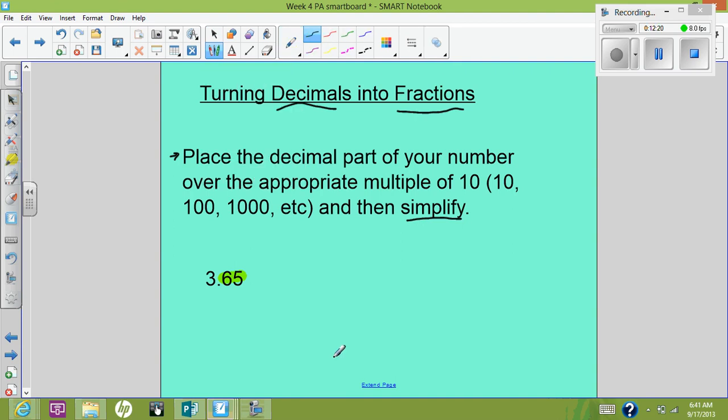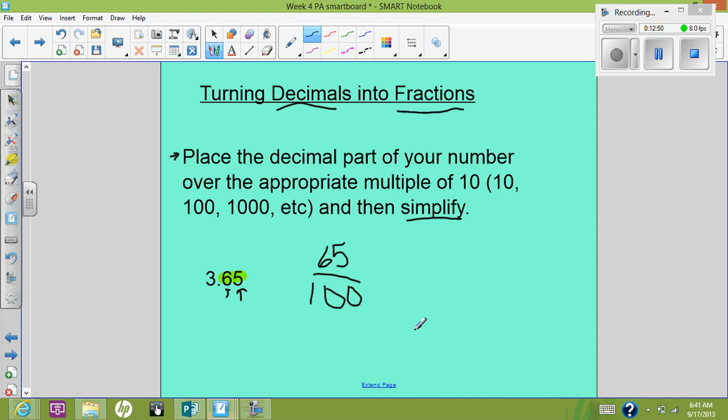And then I'm going to put that 0.65 in a fraction over, and then I have to decide, is it 10, 100, 1000, etc. Well, just think about your place values, guys. How far out does your decimal go? 6 is in the tenths place, so 5 is in the hundredths place. That's your hint. That tells you what number goes on the bottom. It's in the hundredths place, so it's over 100.